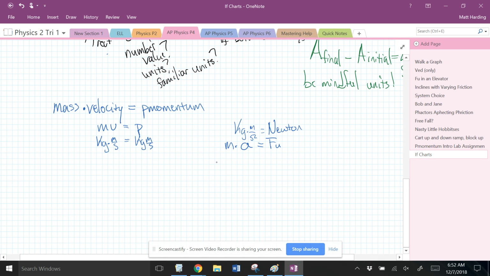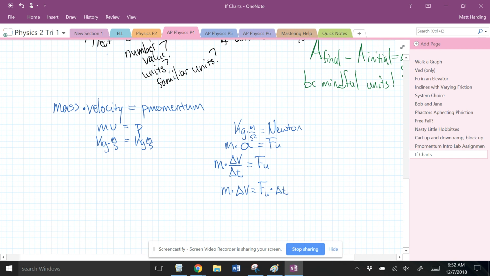Keep in mind that acceleration is the change in velocity divided by the change in time. All I'm going to do here is rearrange this, and m times delta v, if I multiply both sides by that time interval, on this side I'm going to have unbalanced force times time interval.